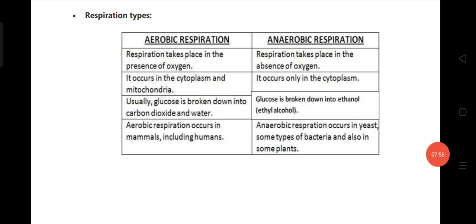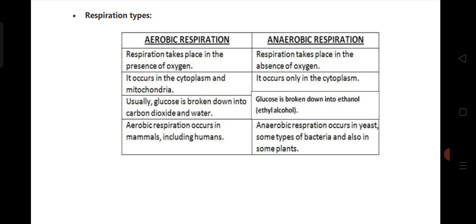Clear? Now we are going to see the two different types of respiration. We have already seen the basics, that is, what exactly aerobic respiration is, and the second, anaerobic respiration. When the process occurs in the presence of oxygen, it is known as aerobic respiration, and anaerobic respiration takes place in the absence of oxygen.